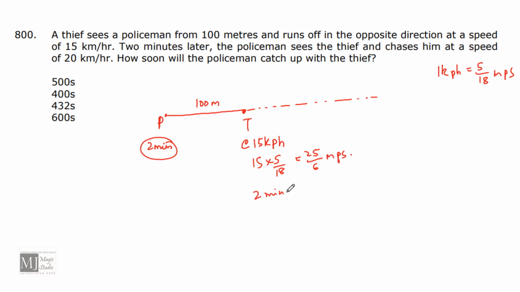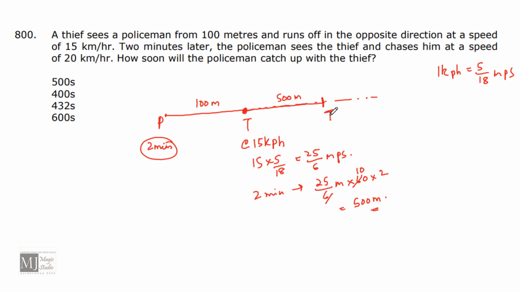So in 2 minutes, thief is 25 by 6 meter into 60 seconds into 2, isn't it? Thief is 500 meters ahead of its own initial position.